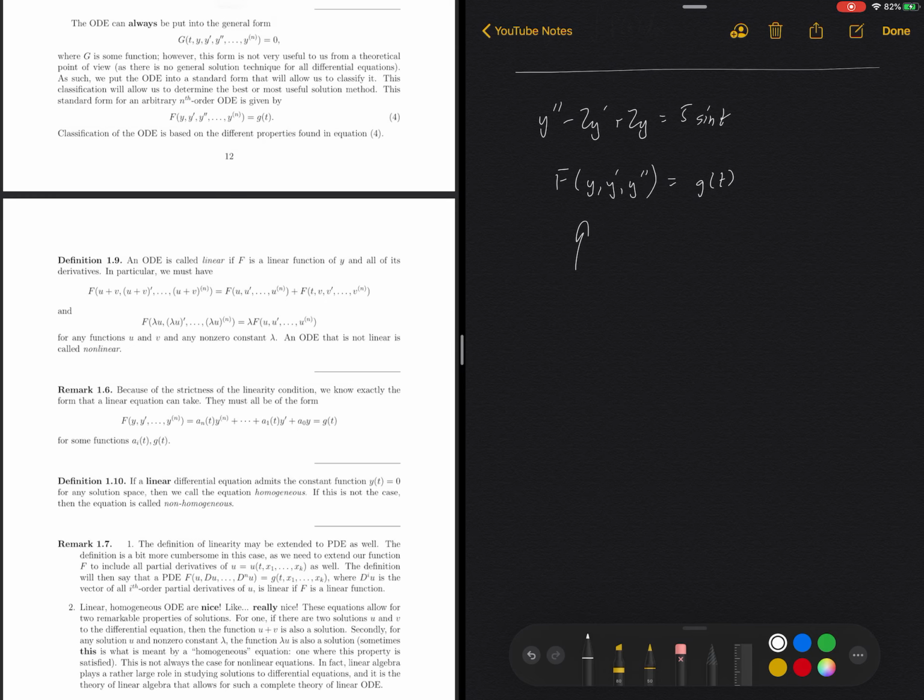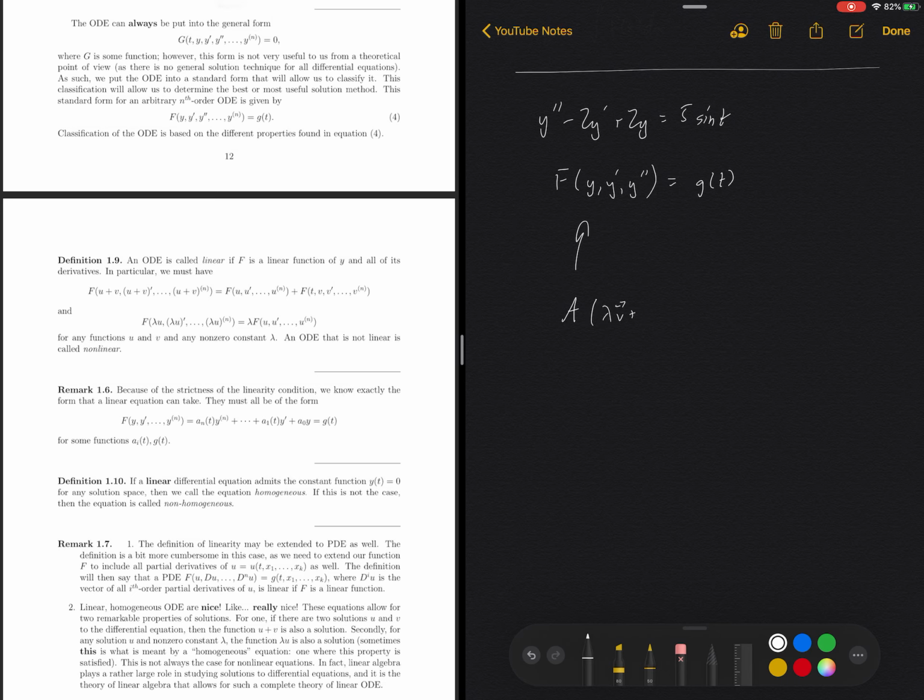And when we come back, the idea is that a linear differential equation allows us to split our function into smaller chunks: the function of a sum is equal to the sum of the individual functions that we put in. Likewise, if we substitute a scalar multiple of our function u, then we can factor out that scalar from the function.